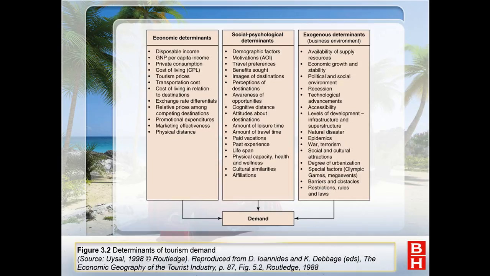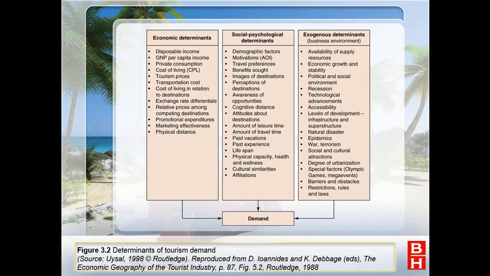Another way is looking at the economic determinants. For example, the cost of living. Are you going to a place where the cost of living is lower than in the US? How far will your dollar go? We just spoke about that, paid vacation.